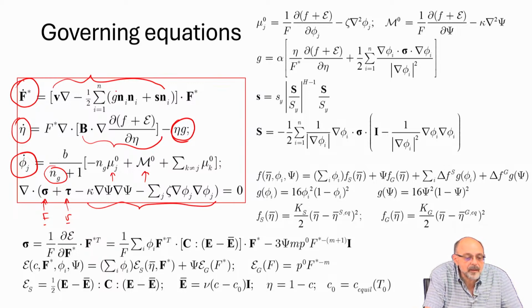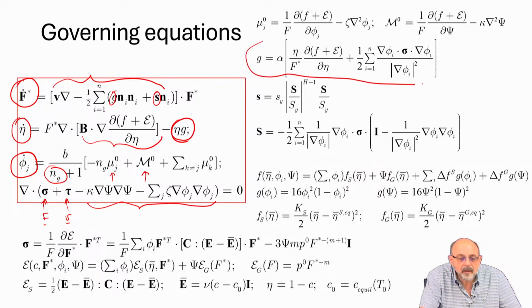To define this G and this S, I have constitutive laws. G is a state variable, which has this evolution law.